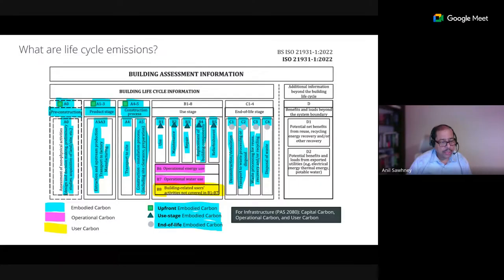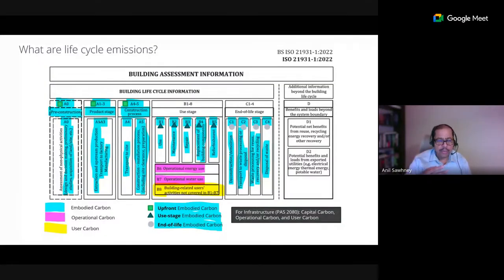Further, within embodied carbon, I have used a green square in A0, A1, A2, A3, A4, A5. Those signify a subcategory within embodied carbon. Those are upfront embodied carbon emissions. All that you see with blue triangles within the light blue highlight are use stage embodied carbon.